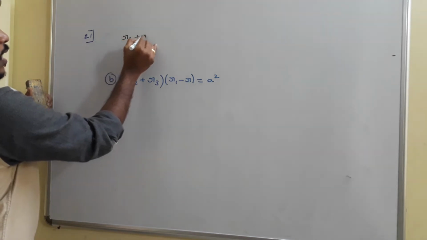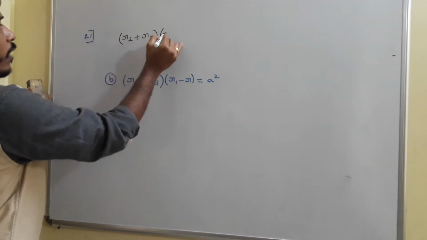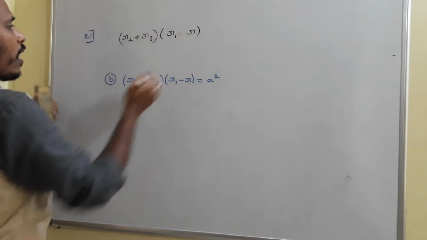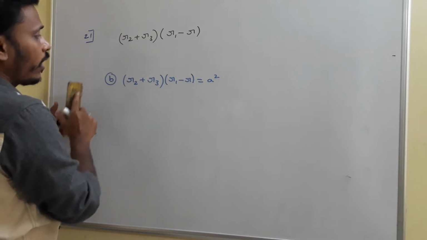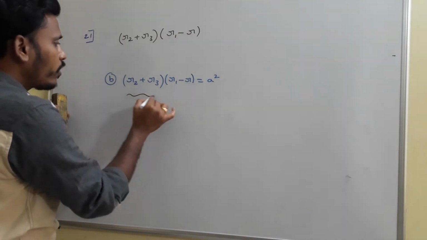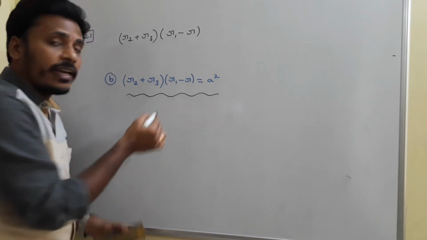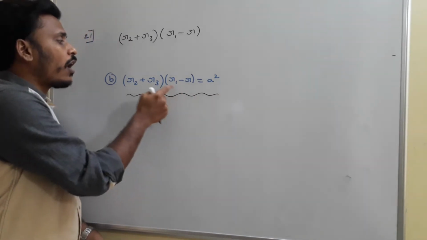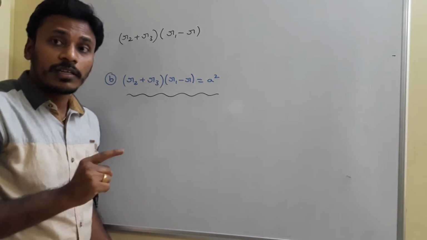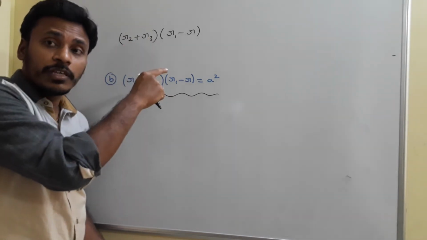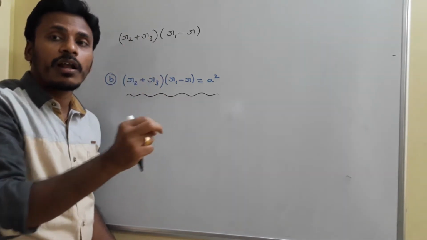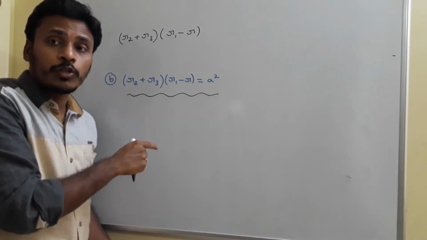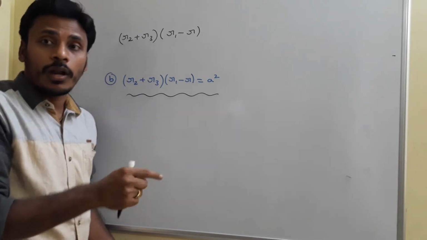R2 plus R3 into R1 minus R, and we need to show it as A square. If we prove this statement, then it helps us to find sides of the triangle using R1 R2 R3. Is it clear? The first one helps us to find angles using R1 R2 R3, and this one helps us to find the sides with R1 R2 R3.